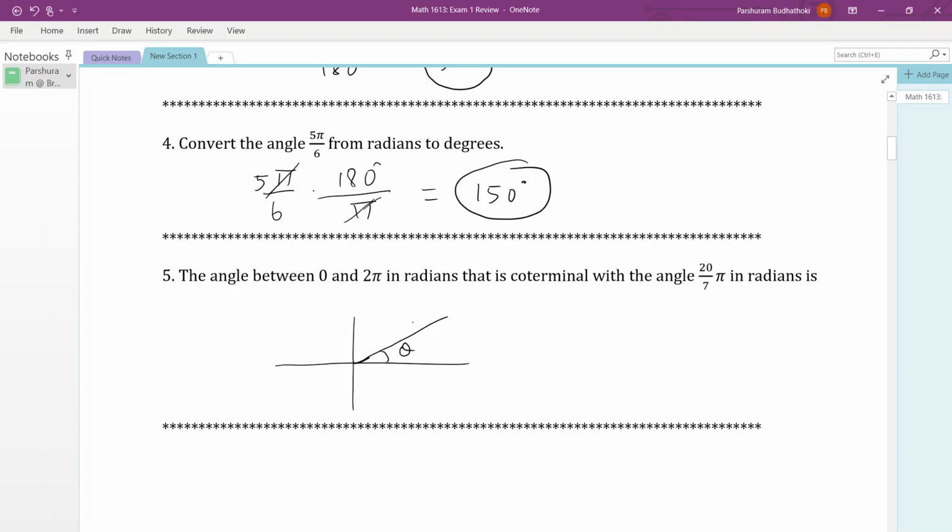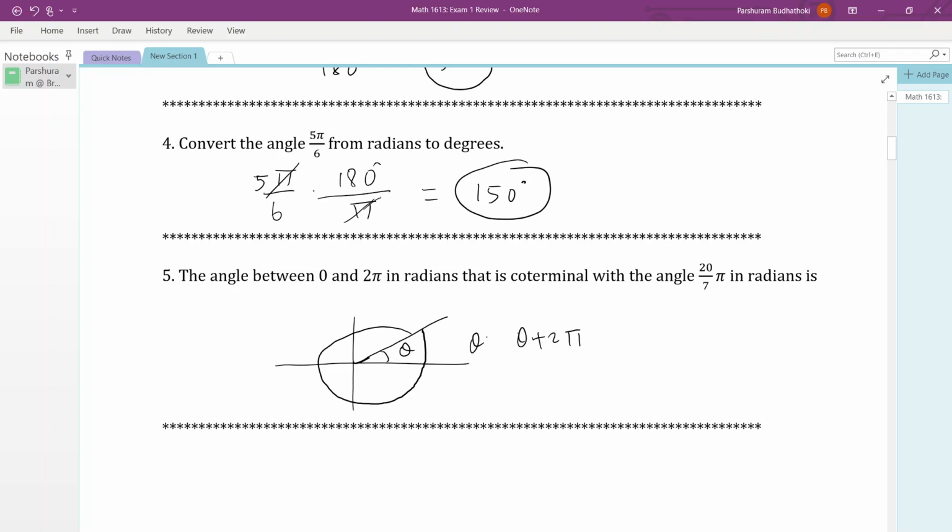This could be anywhere in the first quadrant, second quadrant, third quadrant, or fourth quadrant, anywhere. For this angle theta, after making one complete rotation, another angle, which is 2 pi plus theta, has the same angle. So theta and theta plus 2 pi are called coterminal because they have the same line.